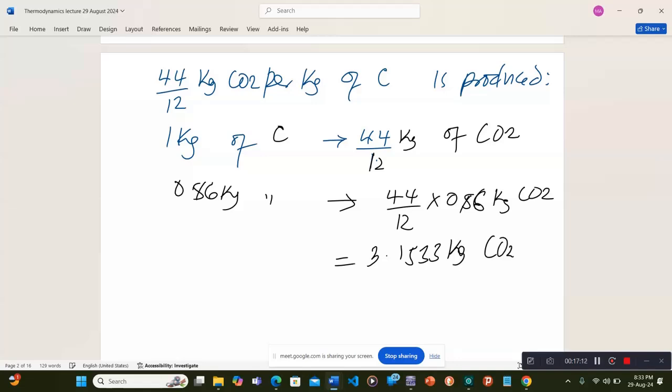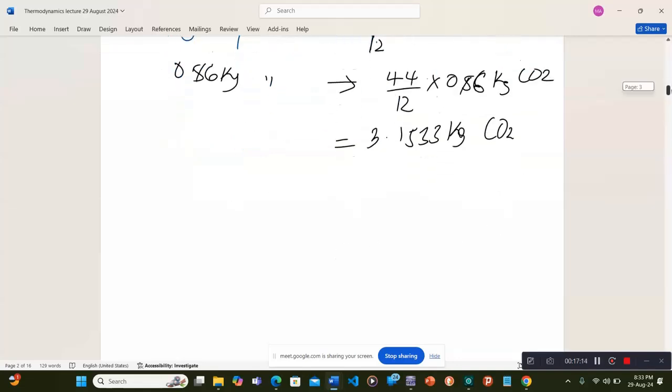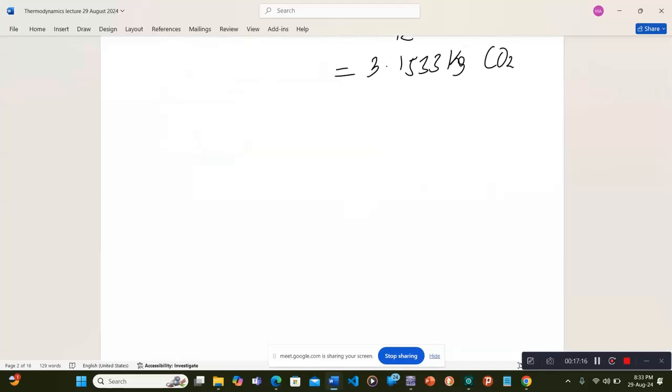Then we also need to look at the other one, hydrogen producing water. So 2 kilograms of hydrogen gives 18 kilograms of water.